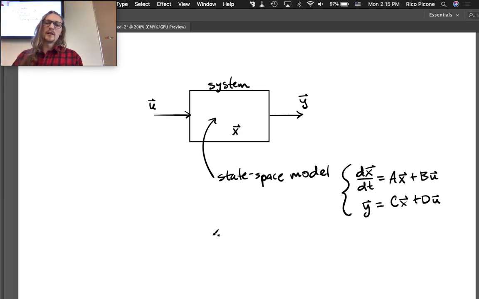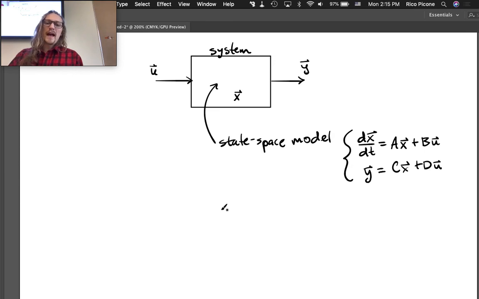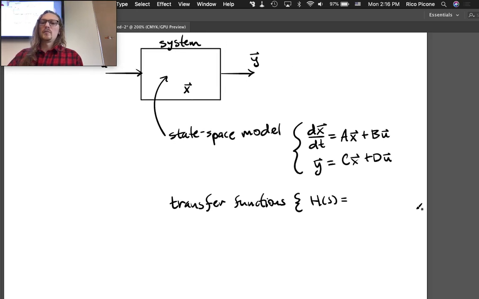We also learned a little bit, just in passing, about transfer functions, right? They were something like H of s equals some polynomial in s in the numerator divided by some polynomial in s in the denominator. I don't know why I chose to put 1 as the coefficient there, but I did.